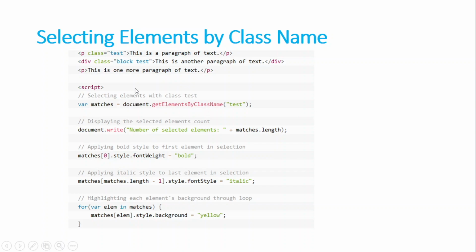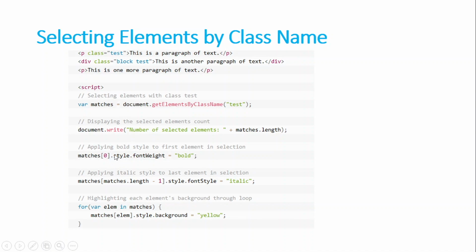So this will select all the elements which have this class, which is test. It will get all the elements and store them in matches as an array. So now if I print the length of that array, matches.length, it will give us 2 because there are two elements which have this test class.